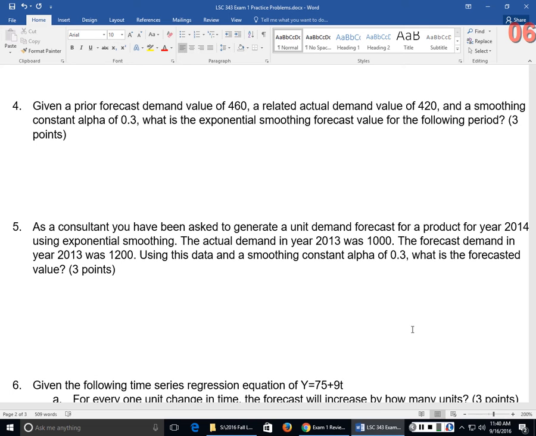So the key is making sure that you're clear on what's what, and then it's just plug and play.